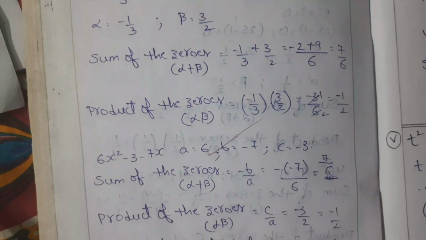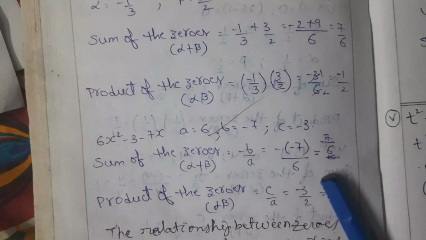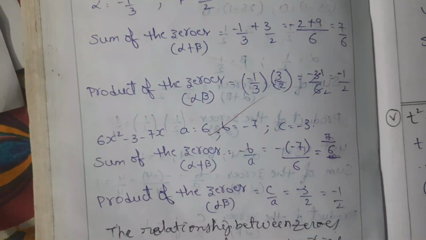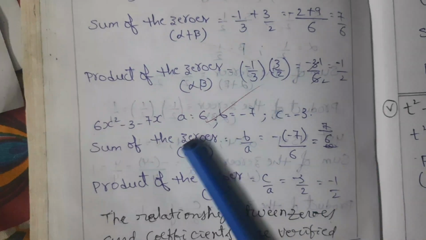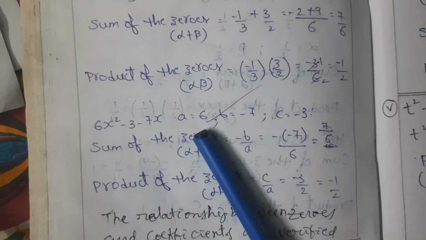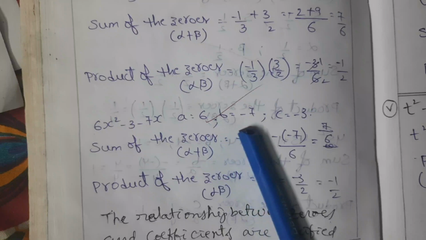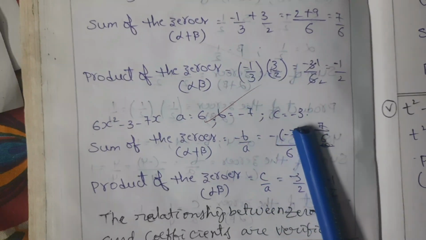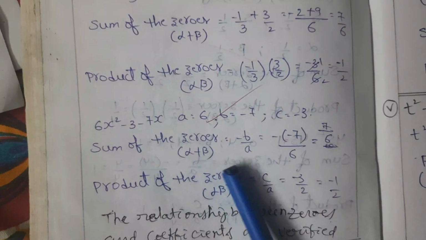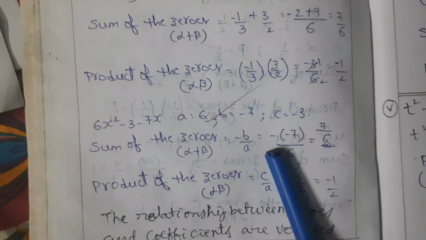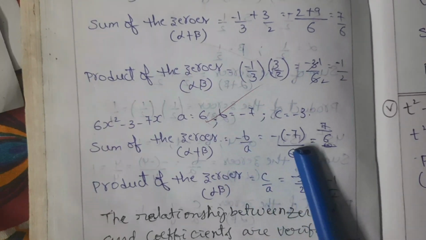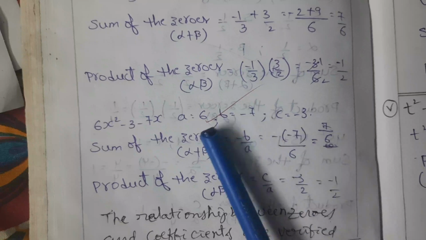Now, as per the formula, in expansion form, for an 8 marks question, I did it like this as a big question. See, 6x square: a value 6, b value minus 7, c is equal to minus 3. Sum of the zeros, alpha plus beta, is minus b by a. This is the formula: minus b value minus 7 by a value 6, you know.